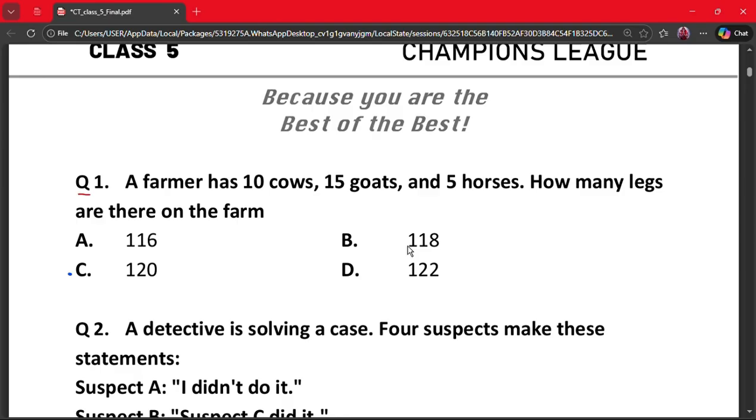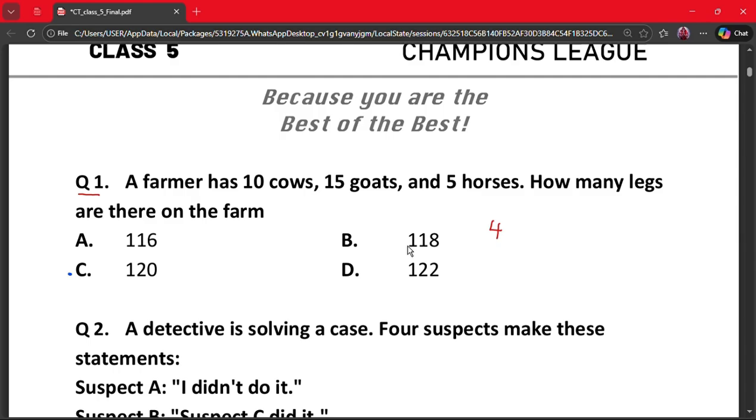Question number 1. A farmer has 10 cows, 15 goats and 5 horses. How many legs are there on the farm? A. 116, B. 118, C. 120, D. 122. So cows have 4 legs.